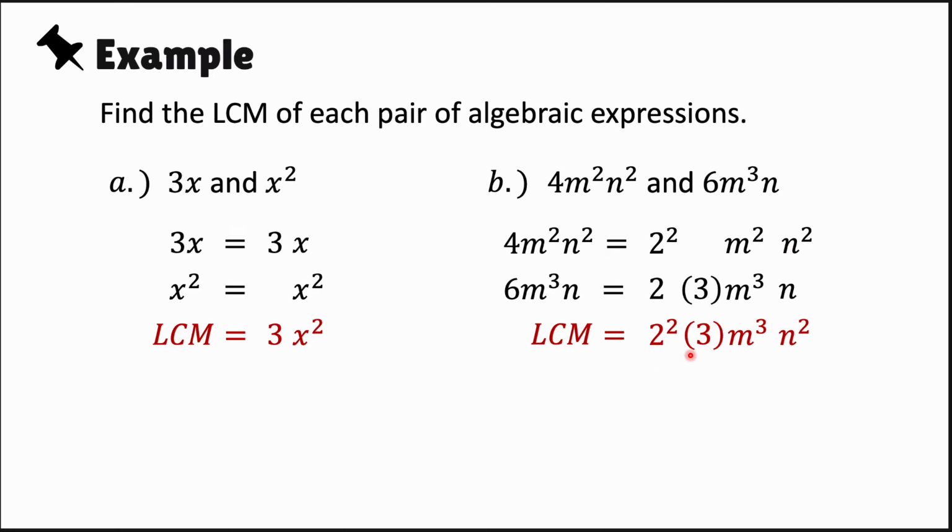So 2 squared times 3 will give you 12 m cubed n squared. So this is now your LCM if your denominators are 4m squared n squared and 6m cubed n.